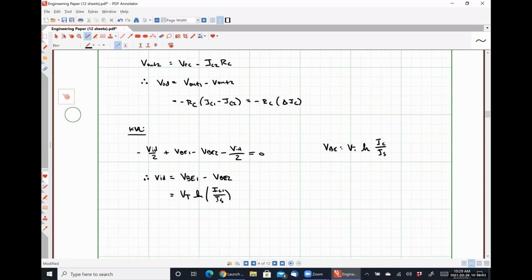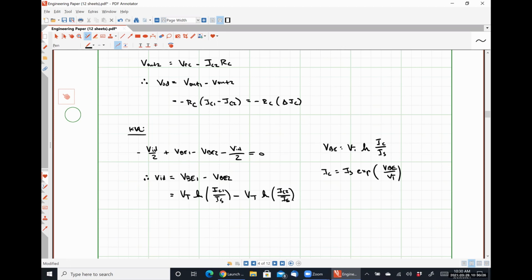Which is the inverse of the relationship IC is equal to IS EXP VBE over VT. Right now I'm using this one; in a minute I'm going to circle back around to the other. And VBE2 I can say is VT natural log IC2 over IS.